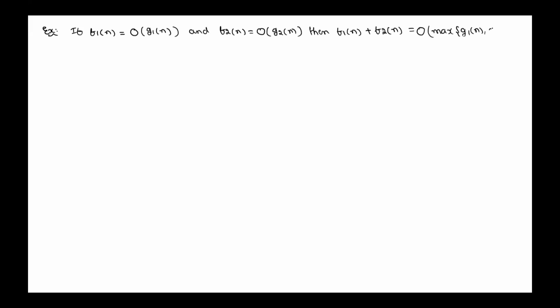If f1 of n is big O of g1 of n and f2 of n is big O of g2 of n, then f1 of n plus f2 of n is big O of maximum of g1 of n comma g2 of n. If that is true, then how to show this?